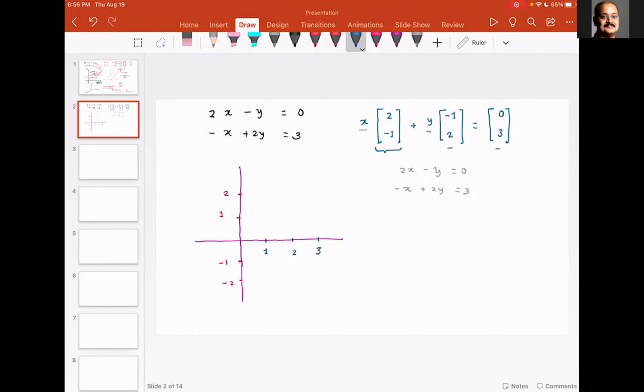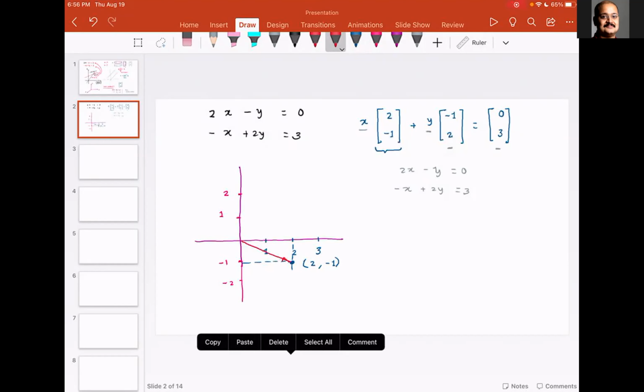I'm going to locate the point (2, minus 1): this is 2 and this is minus 1. Then I draw an arrow starting from the origin, and this is my vector.